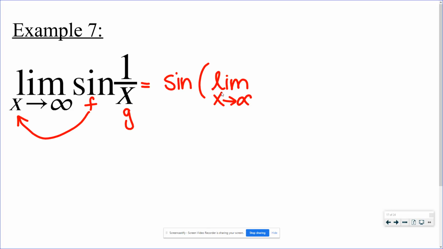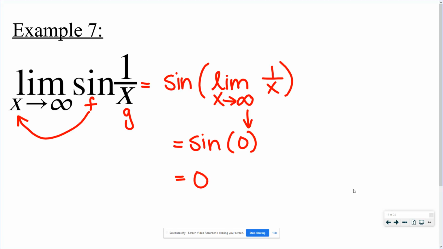So I'm going to actually take the limit as x approaches infinity for 1 over x. And this is identical to the stick of gum rule. So we already know that this is going to go to 0, right? When I have that answer, I then will bring down the sine function and I will simply evaluate what's left. So I just need to know what is sine of 0 to solve this, and sine of 0 is 0. So that would be my answer.